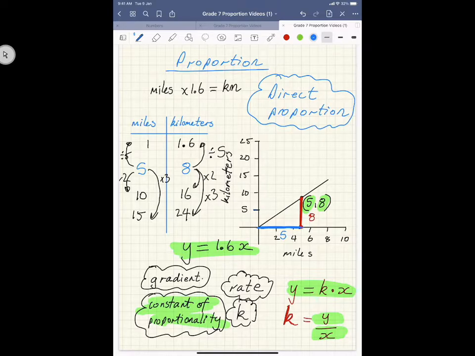It's rise over run. In science, you might call it delta y, the change in y, over delta x, the change in x. So that's rise over run. 8 divided by 5 is 1.6. This is the rate of change. You guys know all that from maths and from science, but when you see it all come together, that should be helpful. So this is direct proportion. Miles times 1.6 is kilometres, or y equals 1.6 times x.